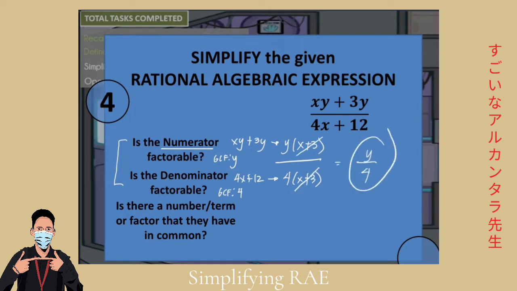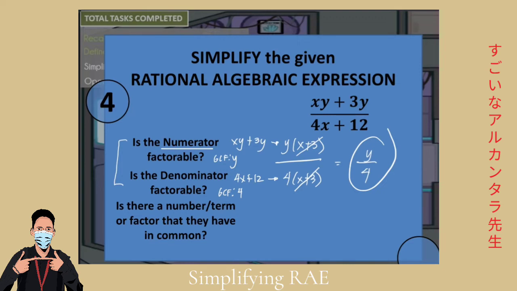So what happens in this one? Basically, we can cancel out or simplify when they have something in common. Now, there's a specific rule here later that I will focus on, but in the meantime, if they both have it as a factor, you can divide that. So they both have x plus 3, that's technically their GCF of the numerator and the denominator. So the answer here is y over 4.